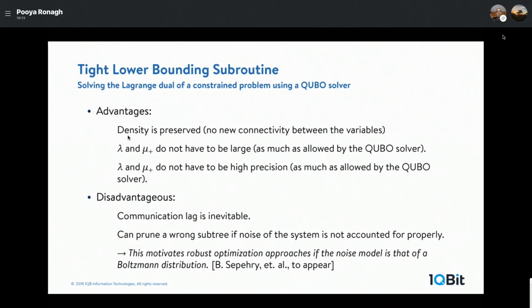And the most important thing is that it preserves the density of the original problem. Of course, the disadvantage that I talked about is that we'll have some communication lag. And if you have a noisy solver, you could end up with a wrong choice of the lower bound, which can prune the wrong parts of the tree. So we won't exactly be able to create an exact solver if we don't have a good understanding of the noise of the system.